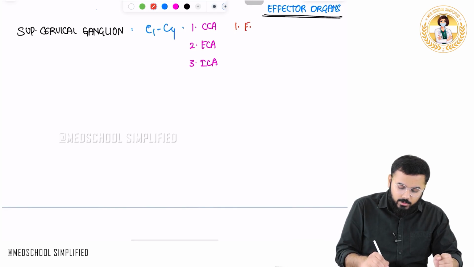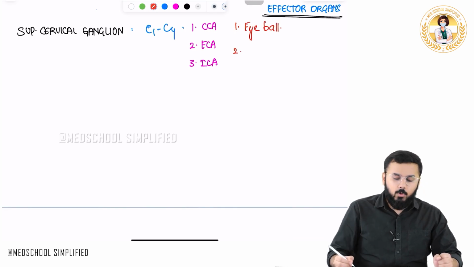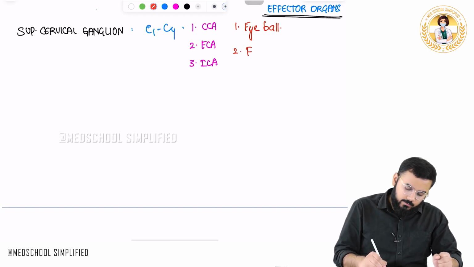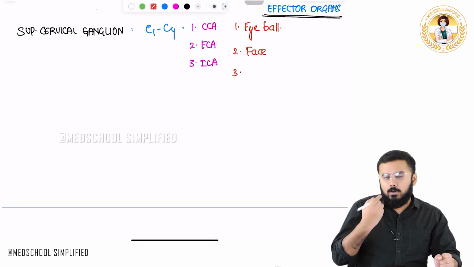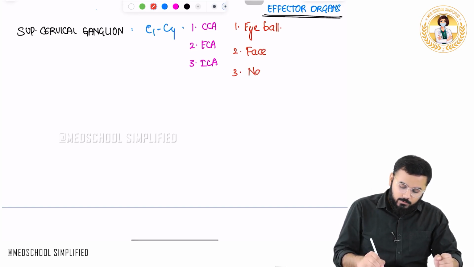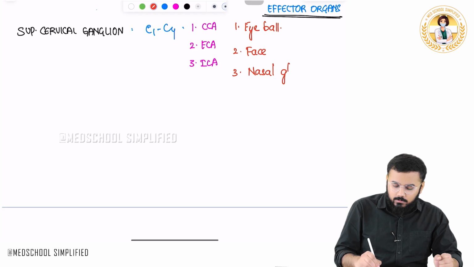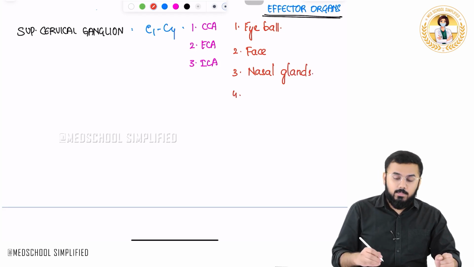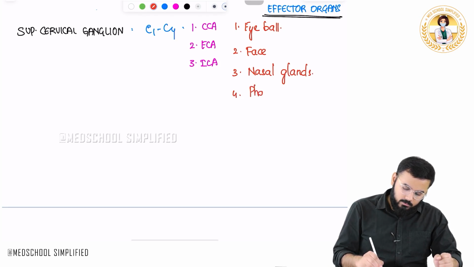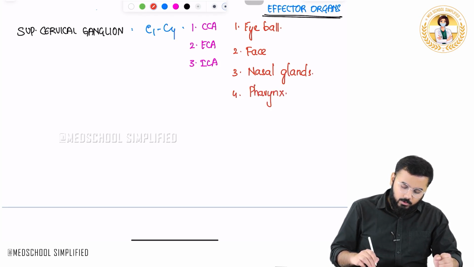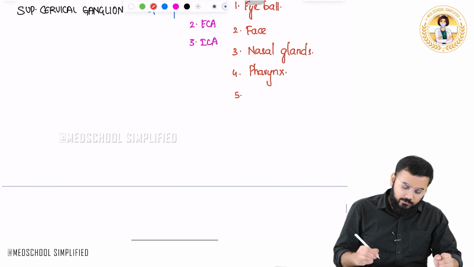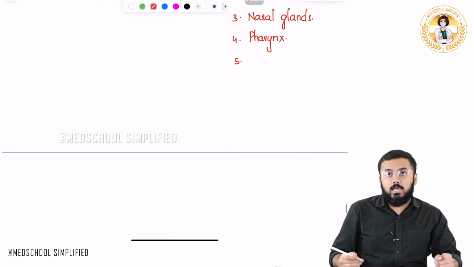The second is your face. The third is the glands located around the nose, the nasal glands. The fourth is the pharynx. And the fifth is the salivary glands.